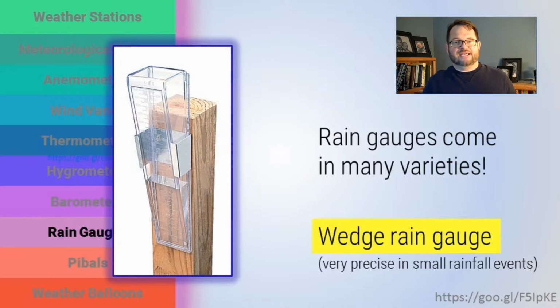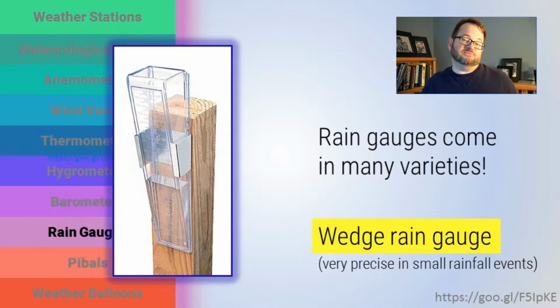And so you can definitely tell the difference between 3/100ths of an inch of rain and 5/100ths of an inch of rain. There's very good precision at small rainfall differences, whereas as you get higher and higher up the column, the width of the wedge gets bigger and bigger, and an inch of rain might only make an inch deeper area inside of that wedge, and so you have lower resolution for heavier rainfall events.